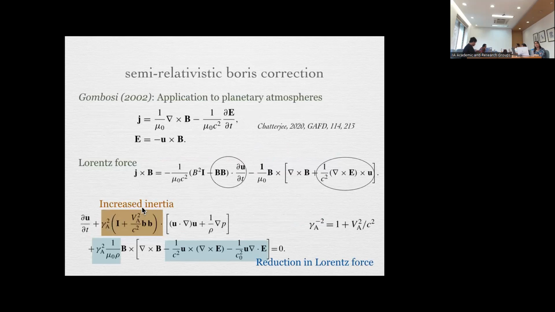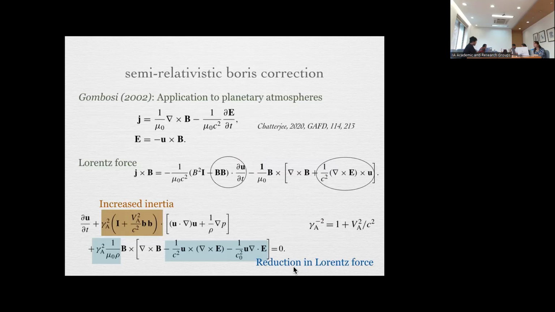So basically that involves increased inertia in the direction perpendicular to the magnetic field. In the direction of the magnetic field, everything is still hydrodynamic. Whereas perpendicular to the magnetic field, you have an increased inertia, which basically means the fluid has difficulty moving perpendicular to the magnetic field because of these terms here.